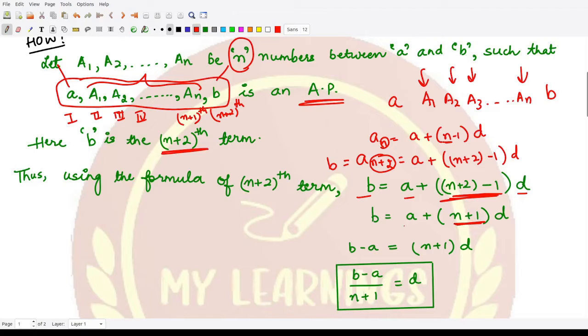Taking this A to the left hand side, we would have a change in its sign. Here it is positive, and when it comes to the left hand side, we would have a negative sign, correct? And so the value of D that we obtain from here is B minus A upon n plus 1. This is the common difference for each of the terms.